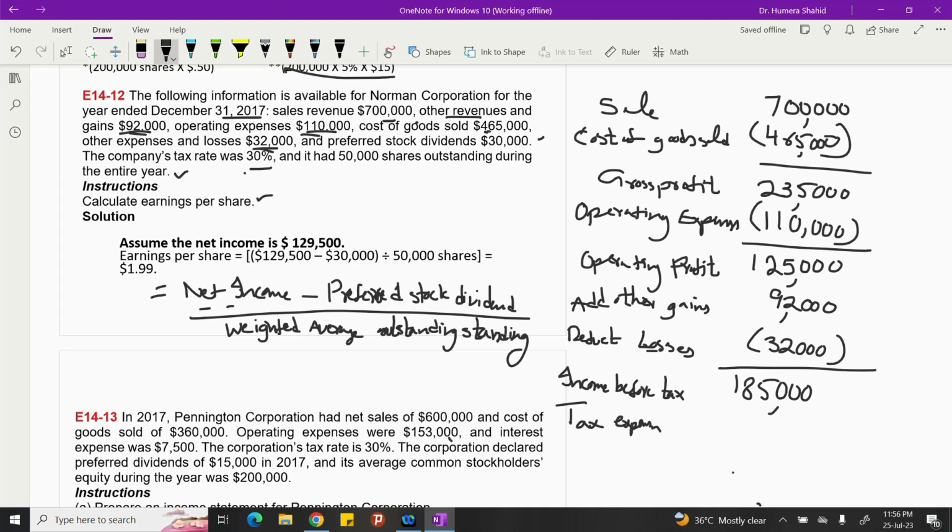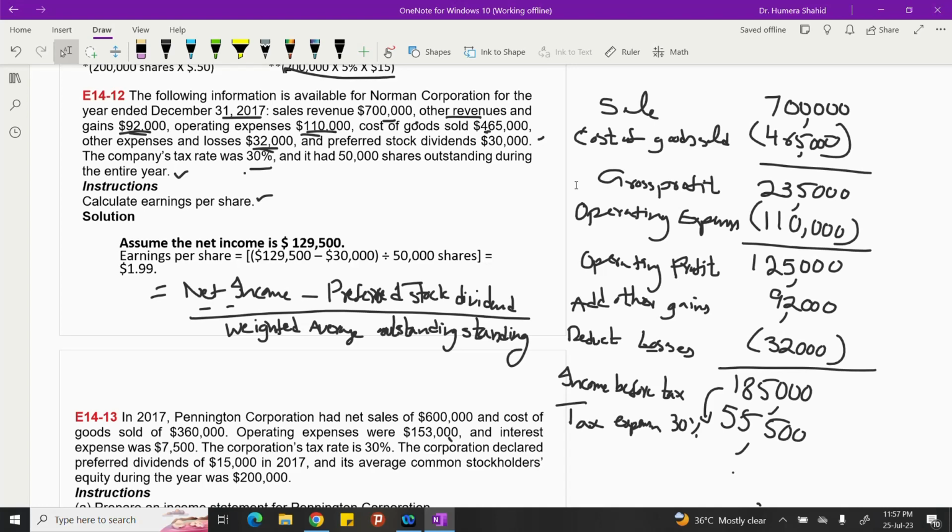Now I need tax expense. They gave me a percentage of 30% of income. When I take 30% of it, that is 55,500.